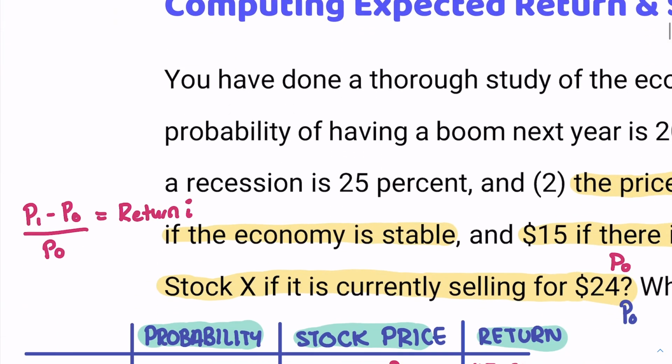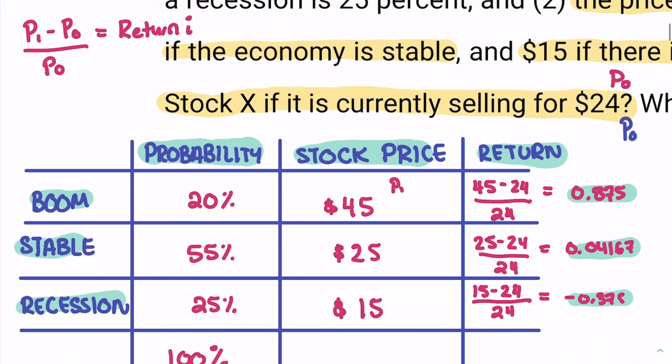So in this case, what we have is 20% times 0.875 plus 55% times 0.04167 plus 25% times minus 0.375.